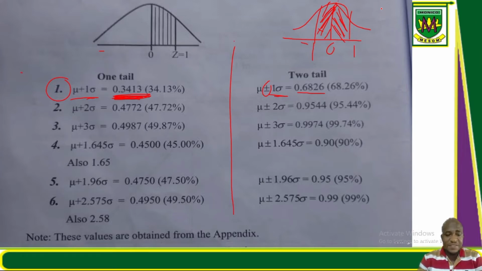Back to the left side. The next is the mean plus still one tail, moving only one direction, moving towards the right direction because it's plus. Mean plus 2 standard deviation units equals 0.4772. This is what you will see on the table, not the percentage in the brackets.